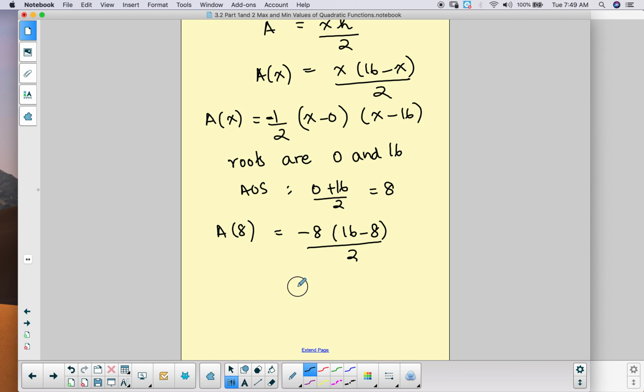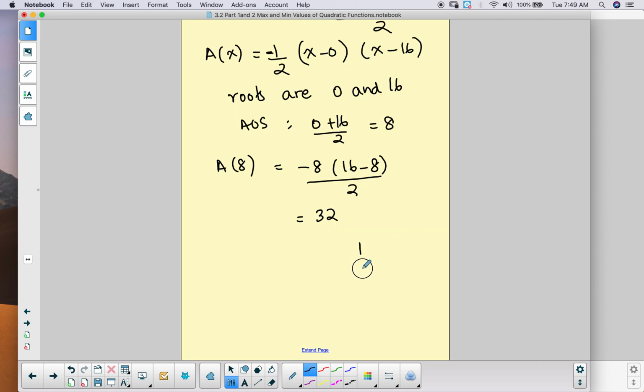That works out to 32. So here is what's going on. If you were to draw a rough sketch, it is a function like this, where x is the base length, this is the area function, the roots are 0 and 16, this is 8, and this is the maximum area at 32.